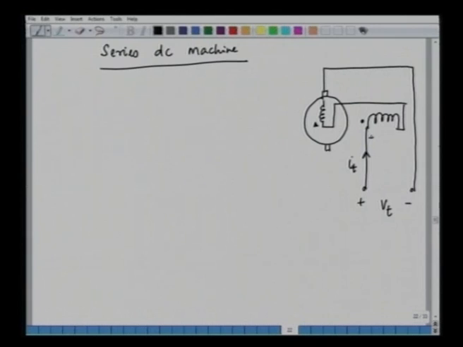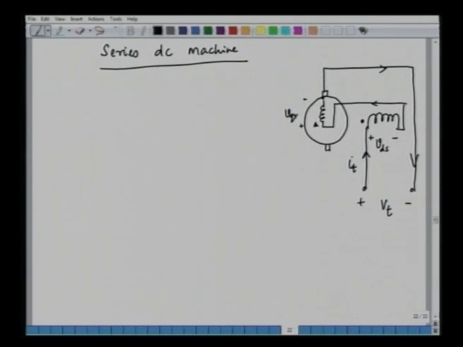Now this is the stator, D axis stator, we have this voltage as VDS. This is the rotor winding, we only have the Q axis rotor winding, and this voltage will be VQR, and the current flows in this particular direction and returns back to the supply in this fashion.